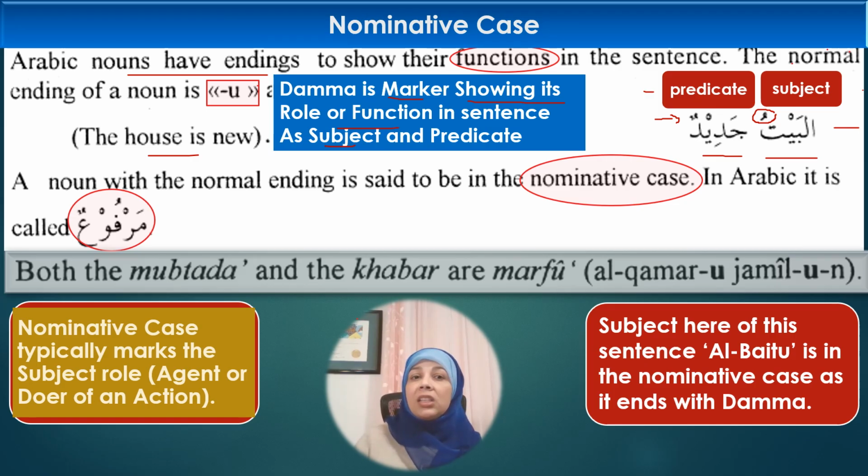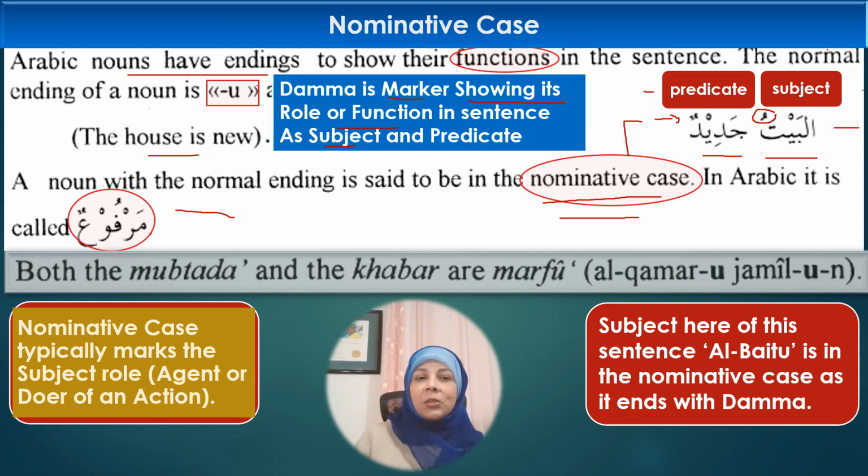Okay, so this ending with this dhamma is said to be in the nominative case. So this is a new term that you have learned. This is the nominative case with this dhamma ending that we have observed here. And in Arabic, this state of ending with this dhamma in the nominative case is called marfu'un.